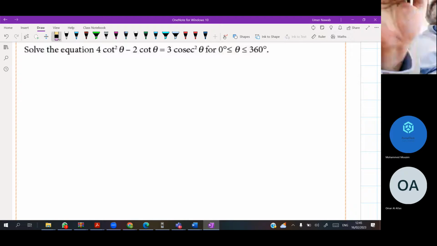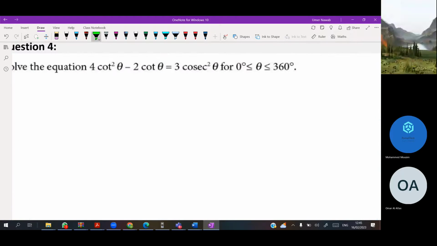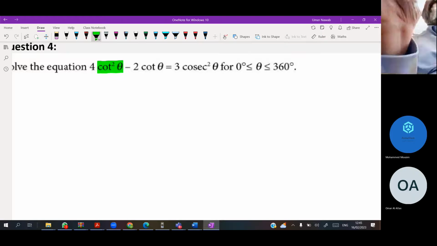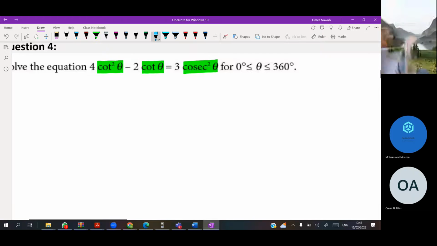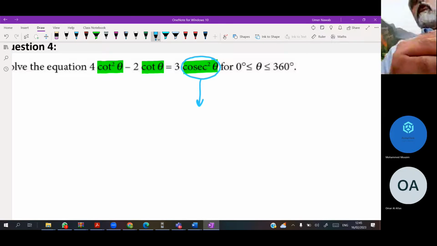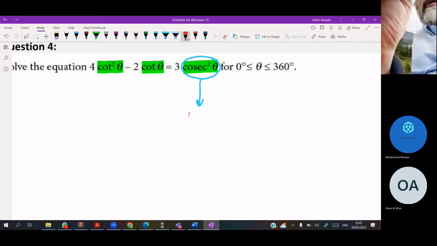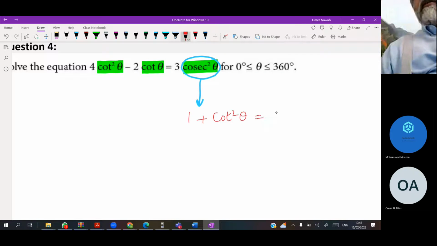Now, the examiner has cot squared, cot and cosecant squared. So definitely I'm going to convert cosecant squared into cot form. Do I have any identity? The answer is yes. 1 plus cot squared theta is equal to cosecant squared theta from the Pythagorean identity.